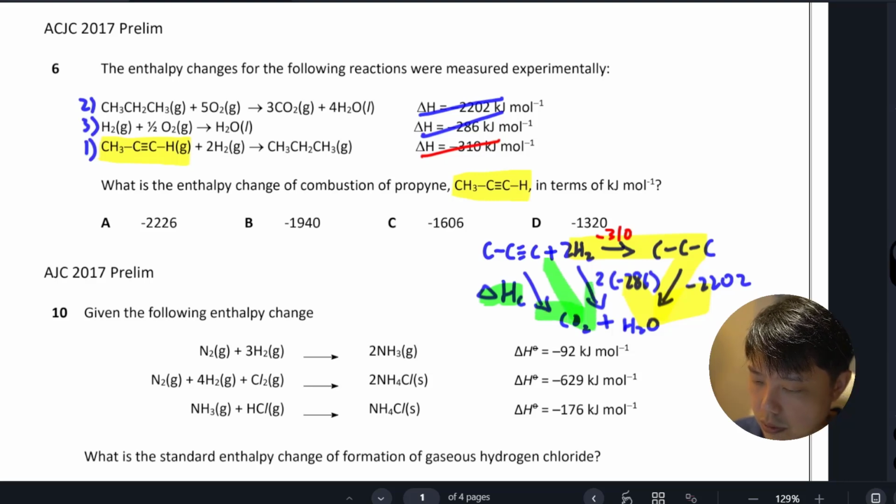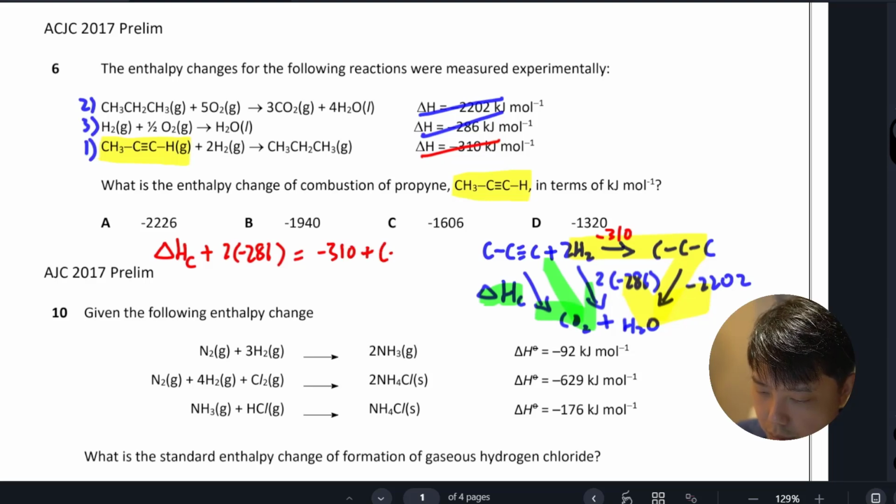Okay, so your equation for delta H combustion plus times 6 goes to minus 310 plus 0.